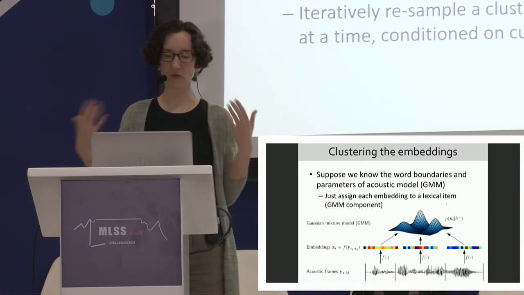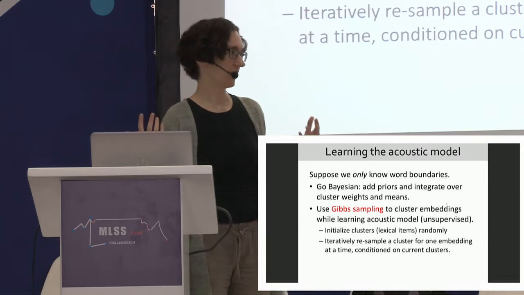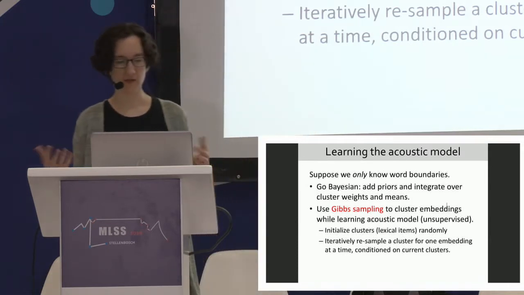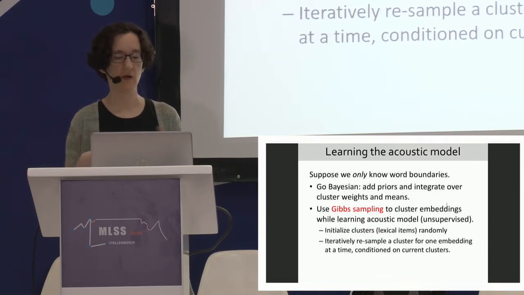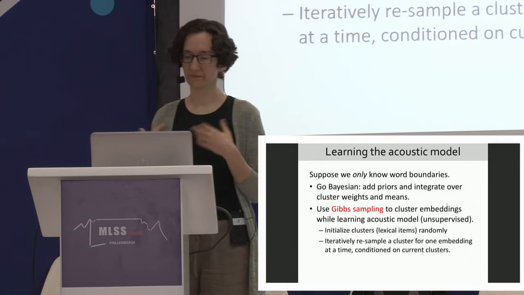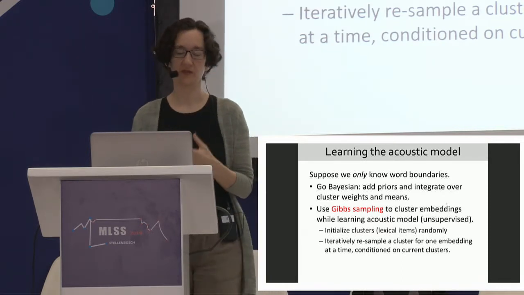Suppose we only know the word boundaries. Well, then we just have an unsupervised clustering problem. To solve that, we're going to take a Bayesian approach. We're going to add priors to the model and integrate over the cluster weights and the means.